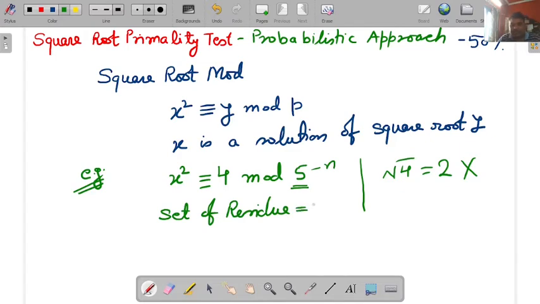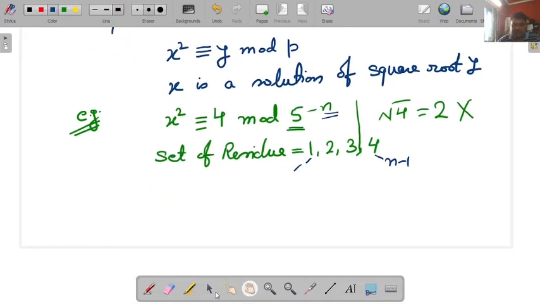Let this be n. For the set of residue, whatever remainder you get, either you get 1, 2, 3, 4. So this is 1 and this is n minus 1. If this is n, we move from 1 to n minus 1. Let us further solve it.